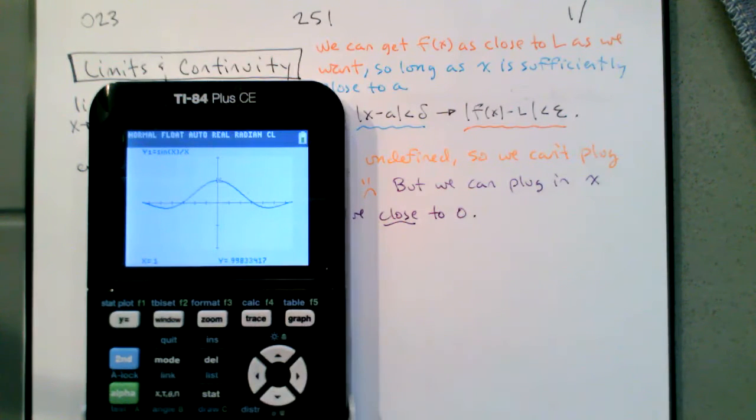Now, if I plug in a value that's closer, the value of the function is closer still to 1. And if I plug in a value that's even closer to 0, I get a value of the function that's even closer to 1. So plugging in values seems to indicate that this limit is 1, despite the fact that the function is not defined at 0.